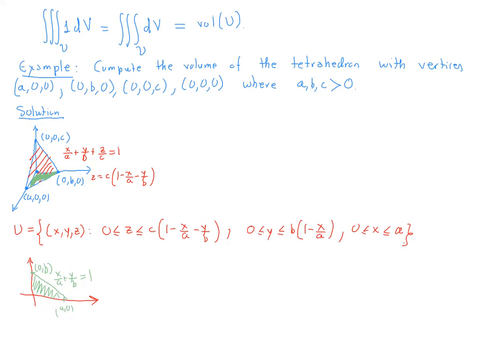And allow me to change page here in order to give myself enough real estate. So I want to compute the volume of the tetrahedron. And now let me write it as an iterated integral. Again, give myself enough space. I have the function 1 as my integrand, and I start with z. And I know that z will go from 0 to c times 1 minus x over a minus y over b.